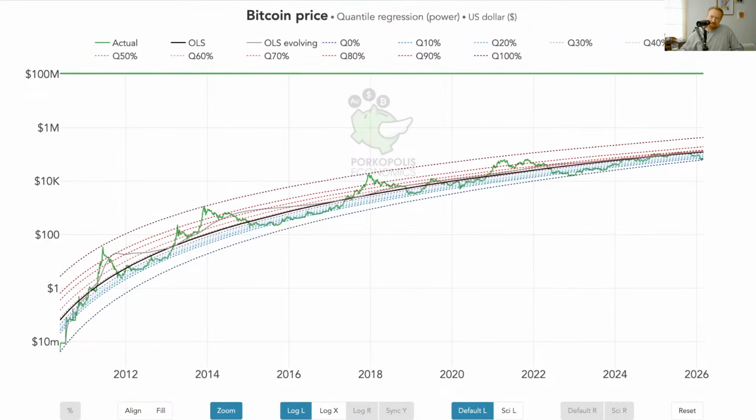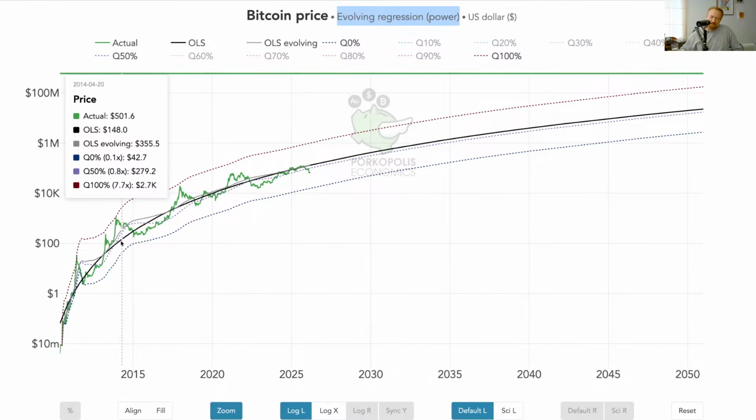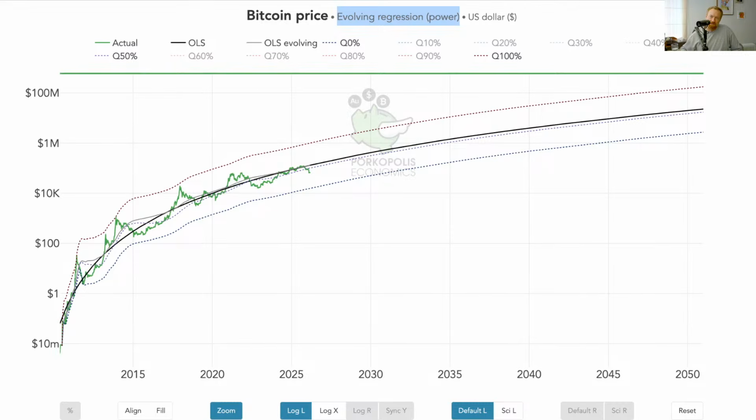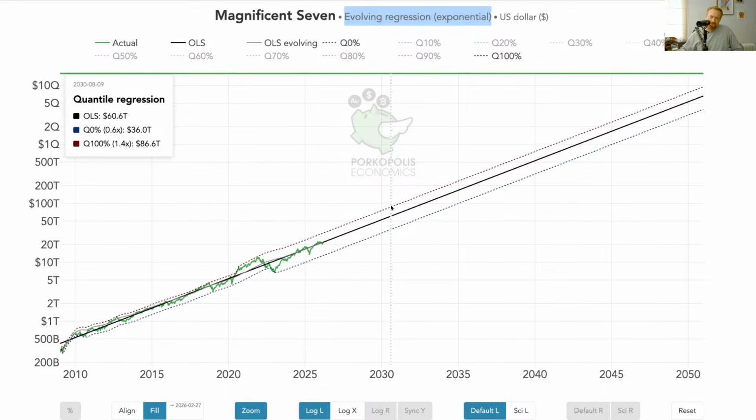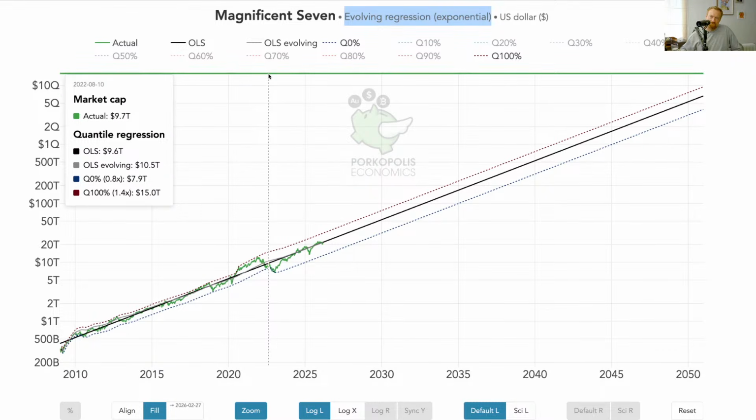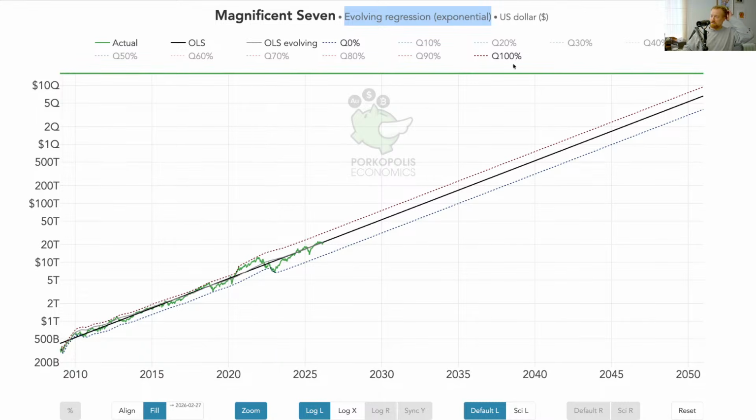So the cyclicality is good. The fact that it's getting closer to this black line, not closer to the faraway lines, which is the precise opposite, or at least can be the opposite, of even something like the Magnificent Seven. That's the key.